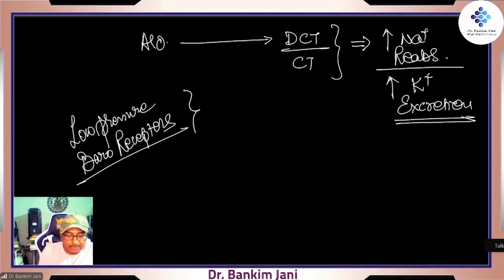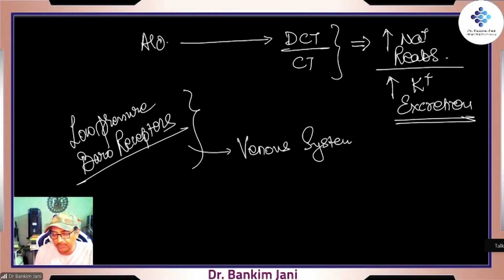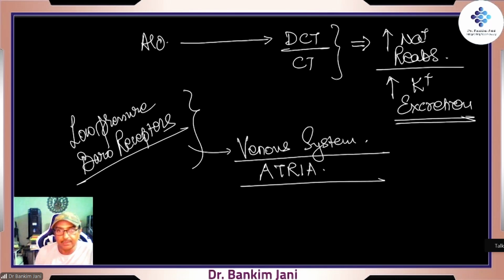So these low pressure baroreceptors are present in the venous system, and very important, the atria. We'll write it in capitals, ATRIA. And obviously, a very low pressure system, and that is the pulmonary arteries.